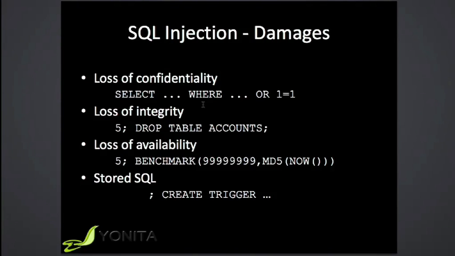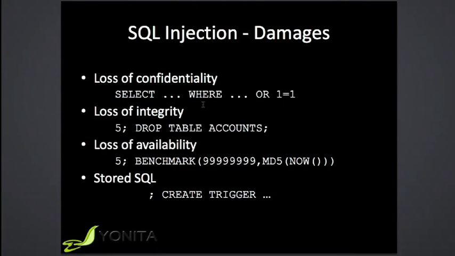Also, with SQL injections, we can experience loss of availability of our service. Take a look at that benchmark. In such a way, when we benchmark a hash function many times, it means that our database server is under heavy load, right?